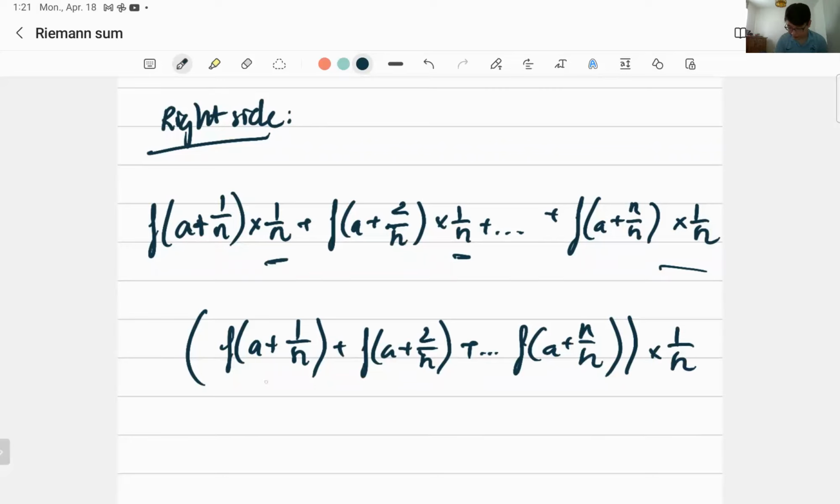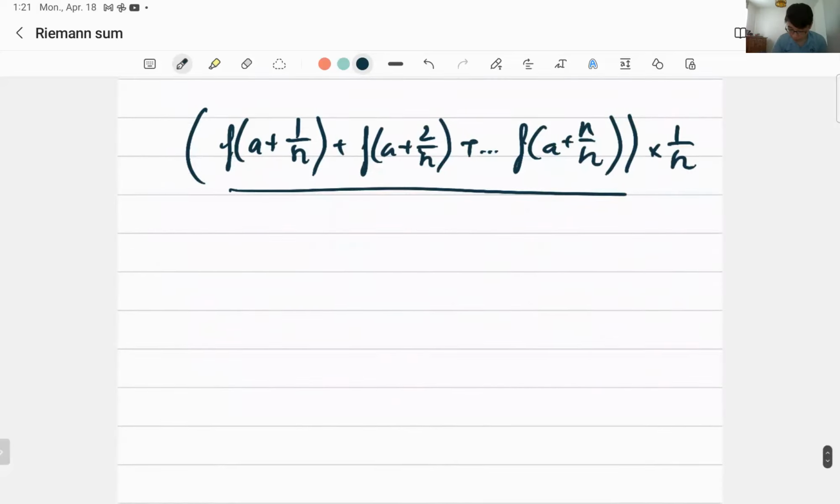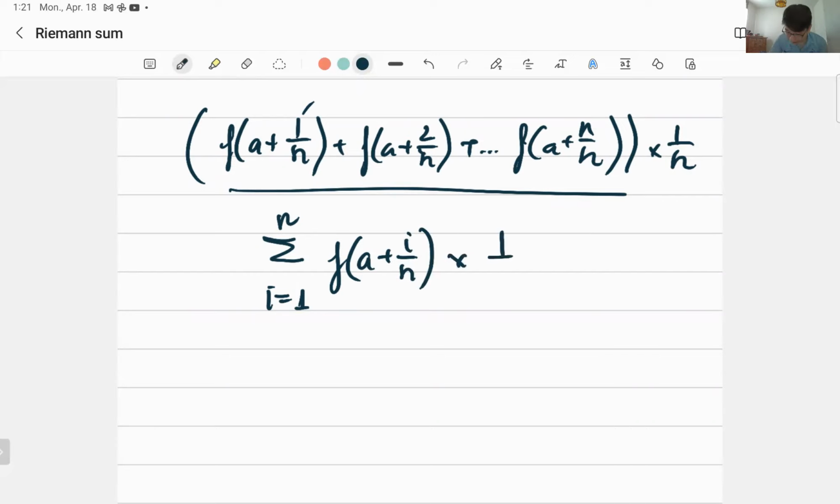Now I want to simplify this whole thing in terms of sigma. So my index starts with 1 and ends with n. So I'm writing sigma notation of f of a plus i over n, exactly the same as before, times 1 over n.